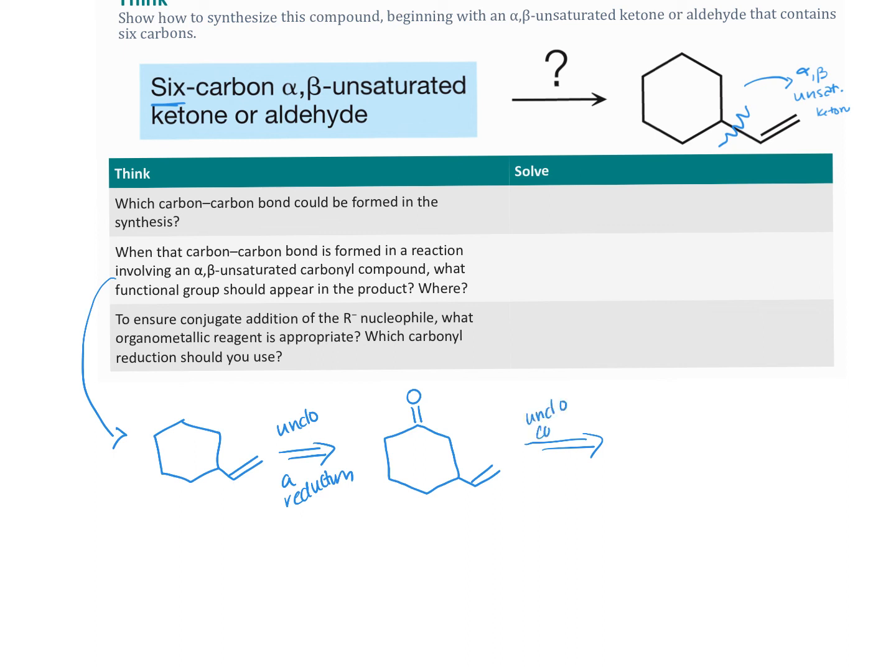So then we would undo a conjugate addition. We would end up with that guy there, and could react it with that carbanion.